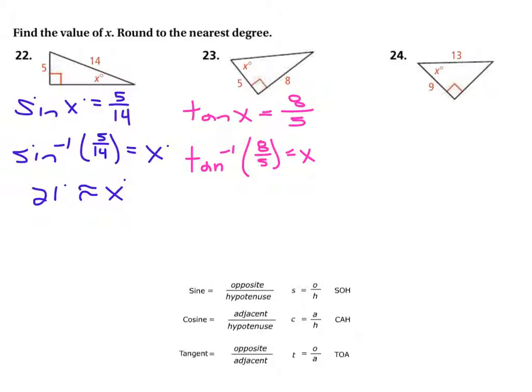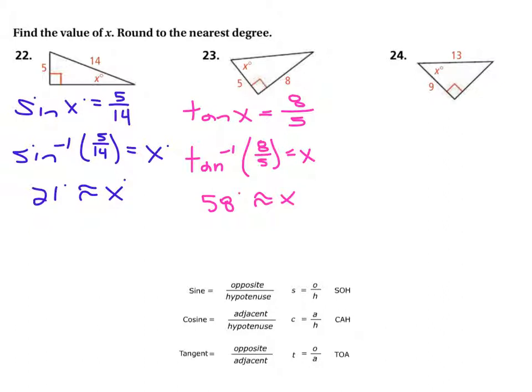So inverse of tangent, and then type 8 divided by 5, close parentheses. And you should see 57.99 blah, blah, blah, which rounds to 58. So 58 degrees is approximately the value of x.